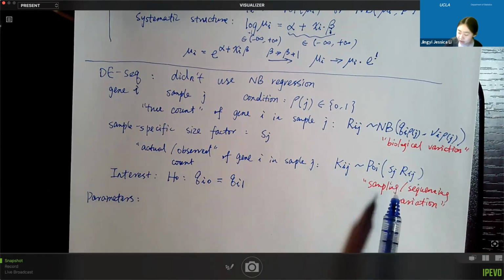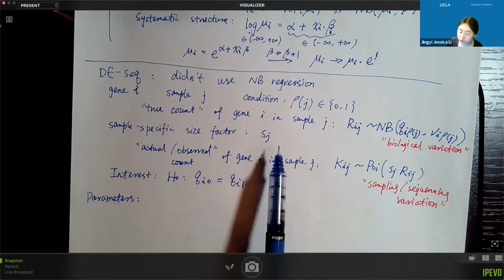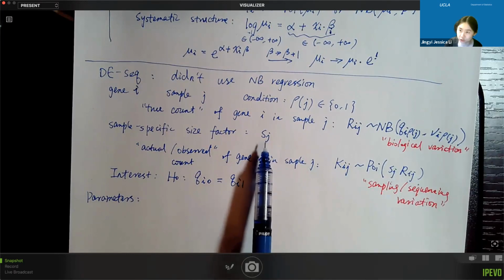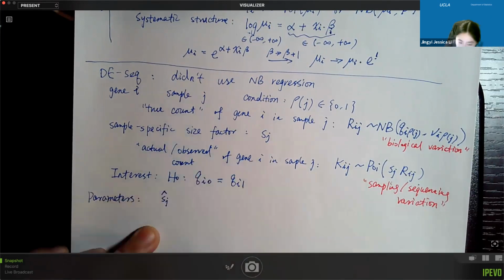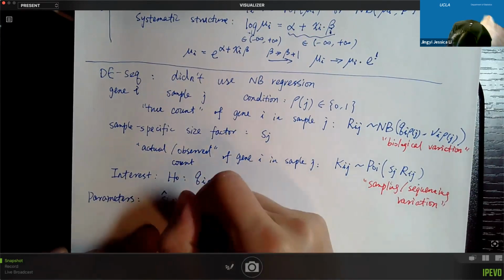Because you see this Sj has nothing to do with gene I. It's not specific to one gene. That is the same for all genes. So they first estimate Sj and call that Sj hat in this way.